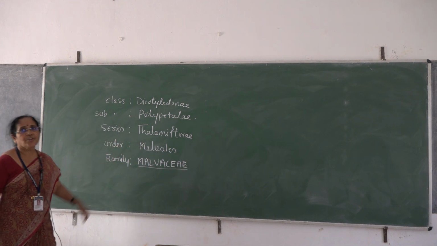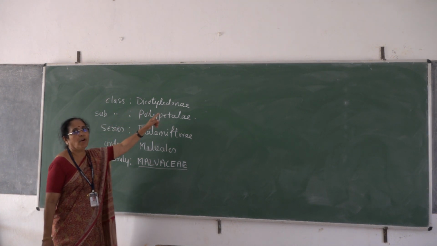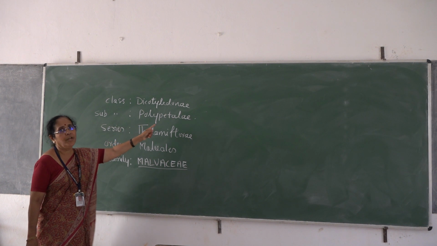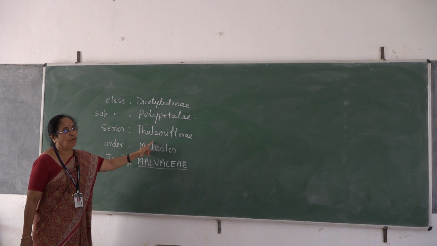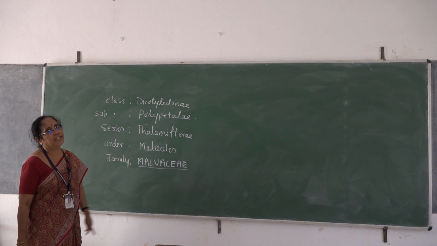So this is the classification for family Malvaceae. Malvaceae family belongs to class Dicotyledonae, subclass Polypetalae, series Thalamiflorae, order Malvales, and family is called Malvaceae.